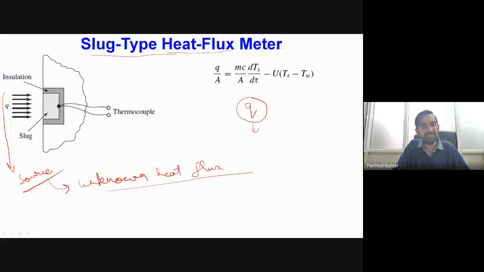So we will place some conductive material over here, which we call the slug, and across this slug we will have a layer of insulation. Okay, and then at the surface of the slug, as well as at the interface between the slug and the insulation, we will place thermocouples. Okay, so these thermocouples will give us the value of the temperature.